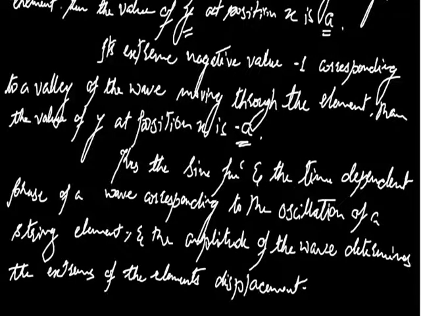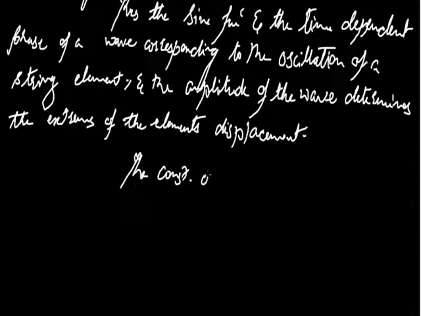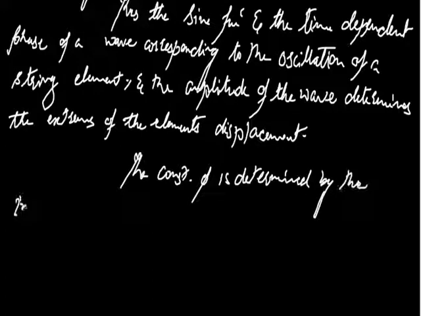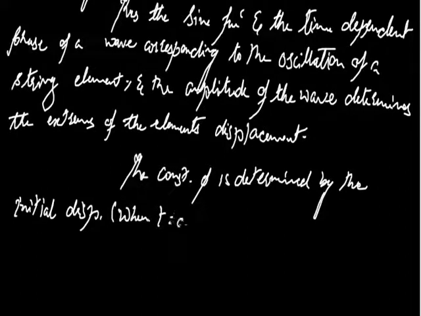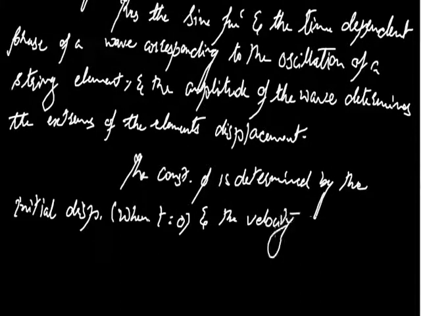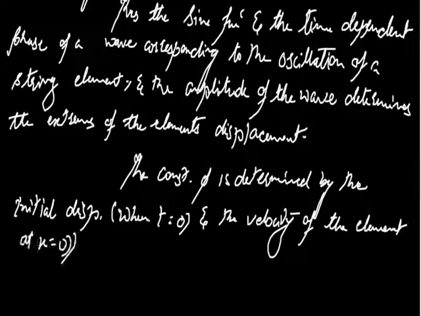At the initial displacement, we take time component t equals 0. The constant phi is determined by the initial displacement when t equals 0, and the velocity of the element at x equals 0.